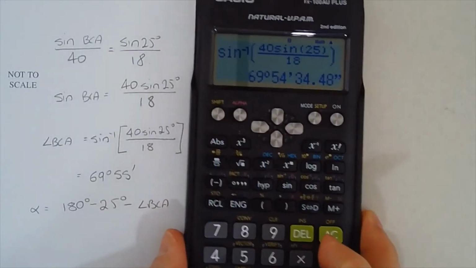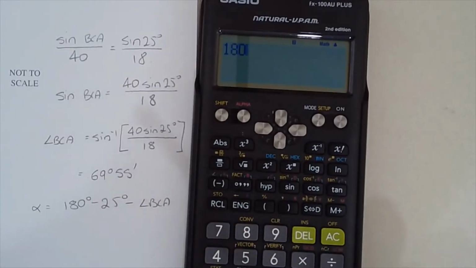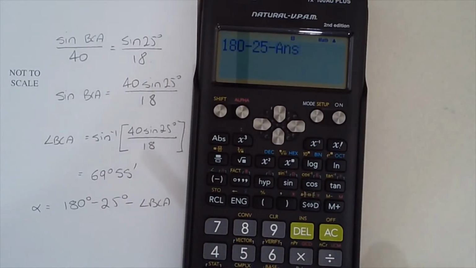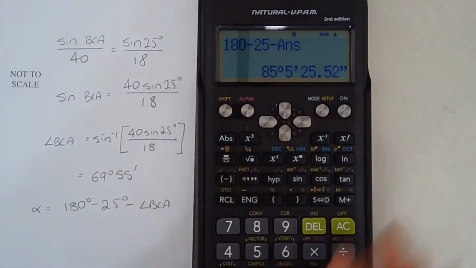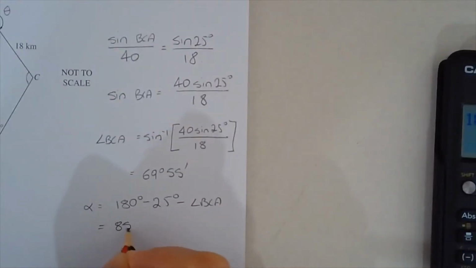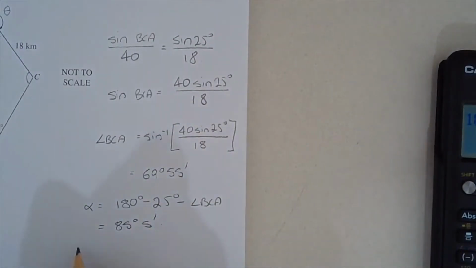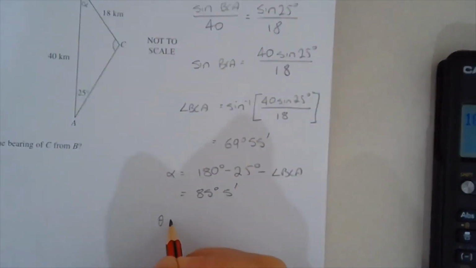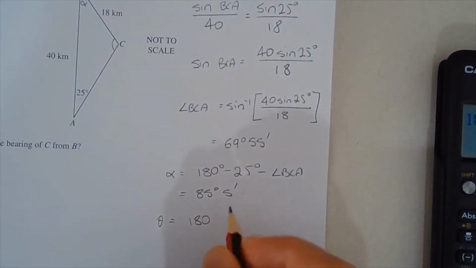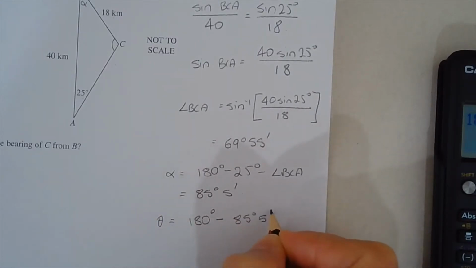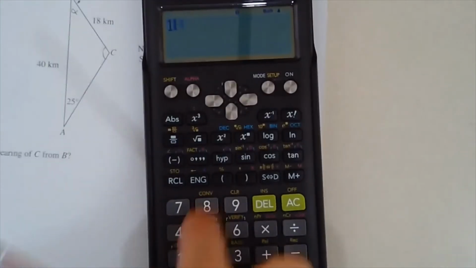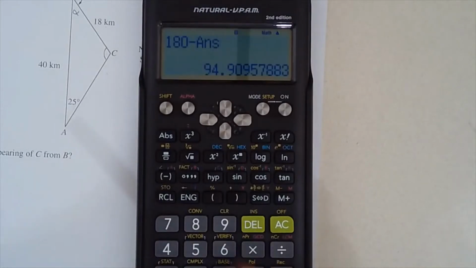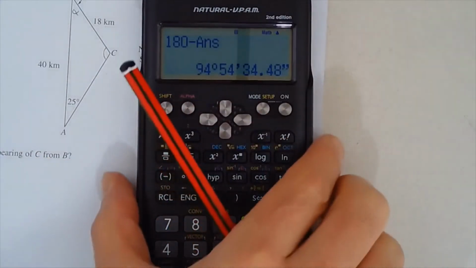So 180 minus 25 minus BCA, so that's in the answer memory of the calculator, and that's going to be 85 degrees and 5 minutes, which means that angle theta, which is the bearing that we want, is going to be 180 degrees minus 85 degrees and 5 minutes, and we get 94 degrees and 55 minutes.